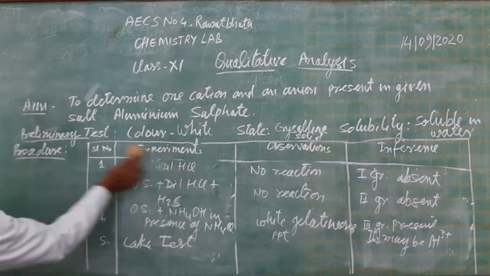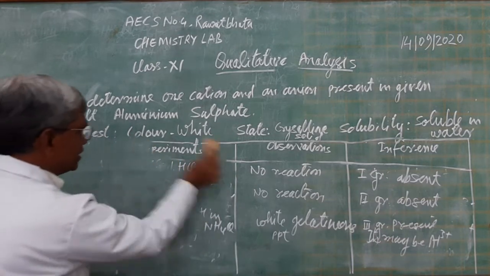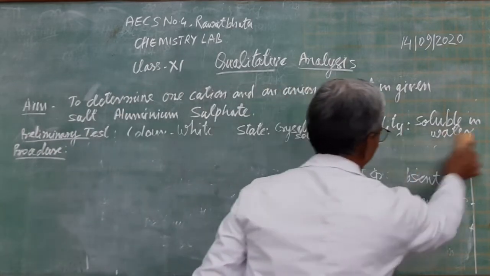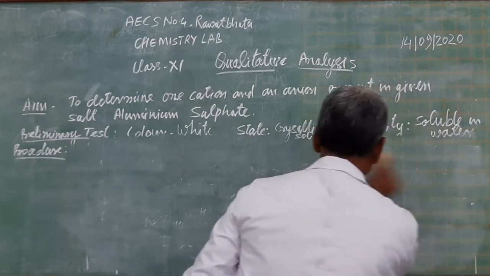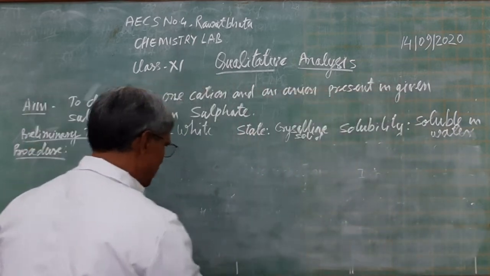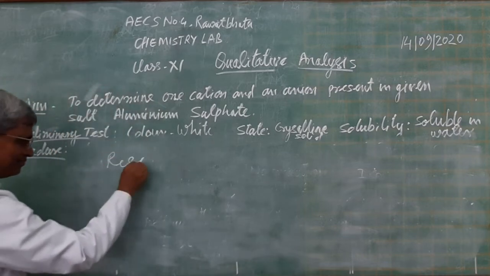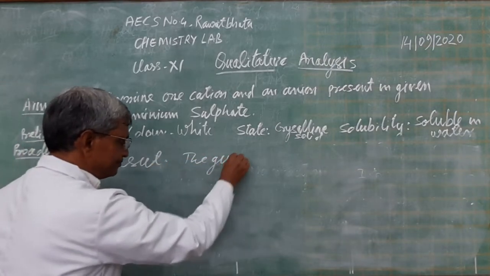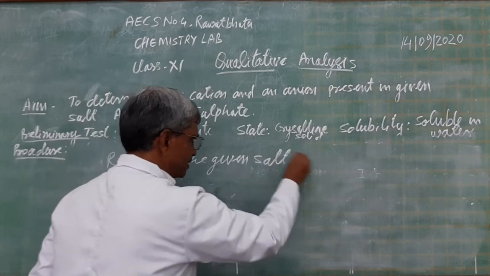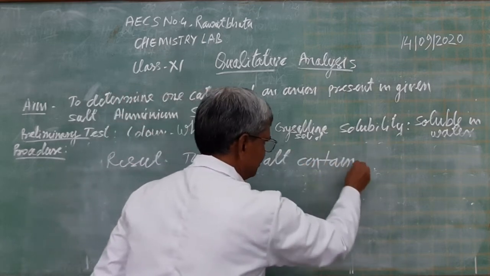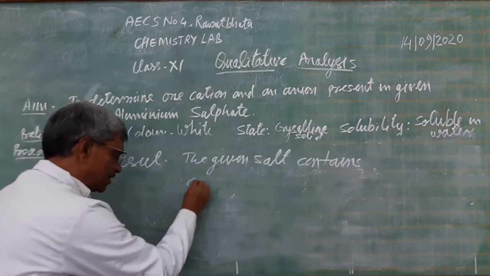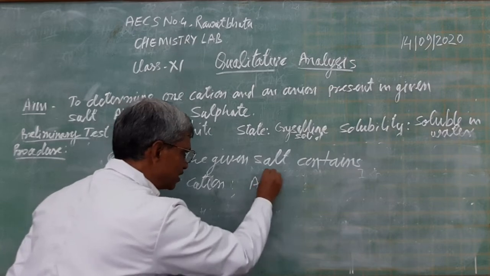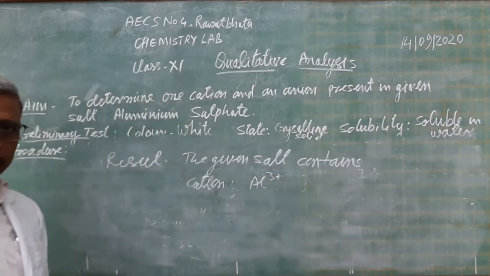We can write the result finally. The result is: the given salt contains a cation and an anion. The cation is aluminium, Al3+, aluminium ion.